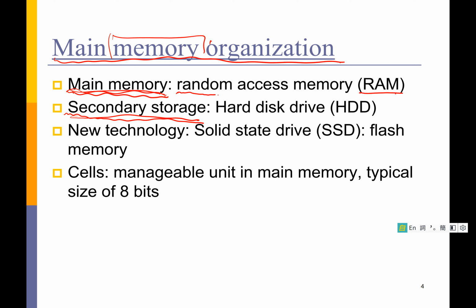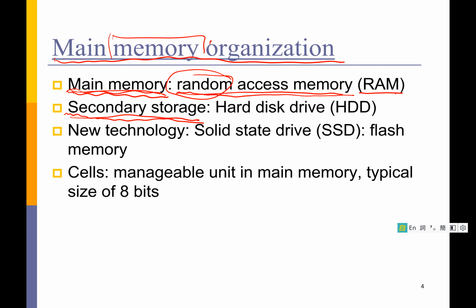Its full name is random access memory. Why I call it random is because we can specify the location where we save data or read data, and as long as you have an address, you can go to the memory location to save or to read, to write or to read.